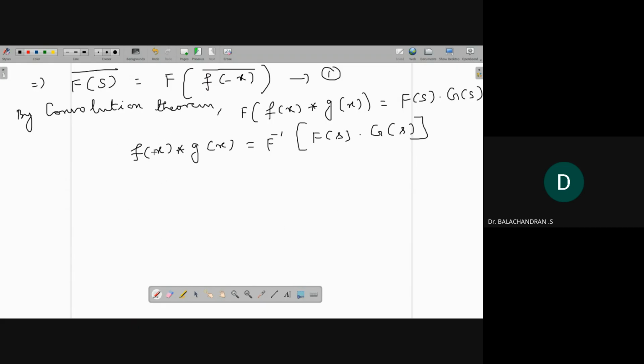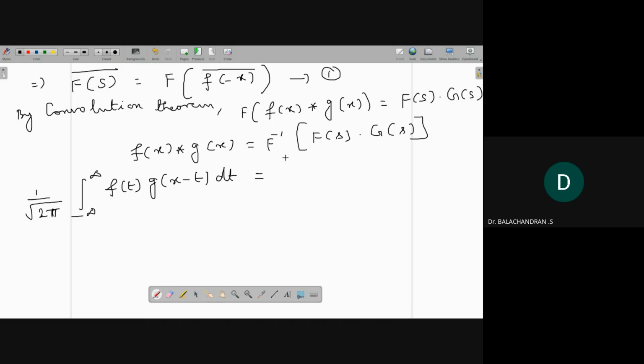For the left hand side, now I am going to use the definition of convolution of two functions. That is 1 by root 2 pi, minus infinity to plus infinity, f of t into g of x minus t into dt. For the right hand side, I am going to use the definition of the inversion formula, or you can say inverse Fourier transform.